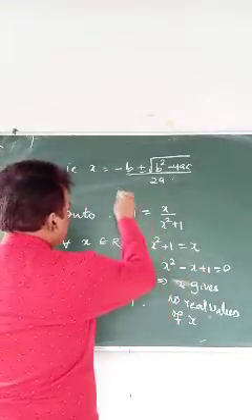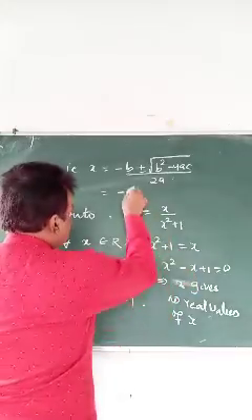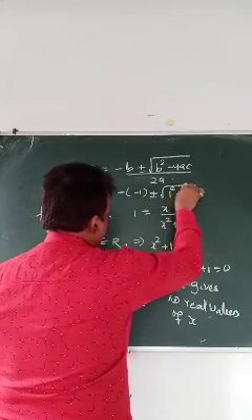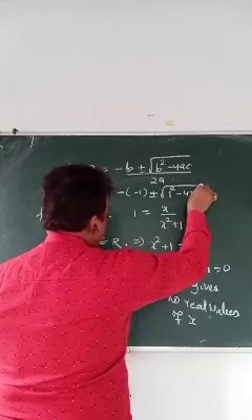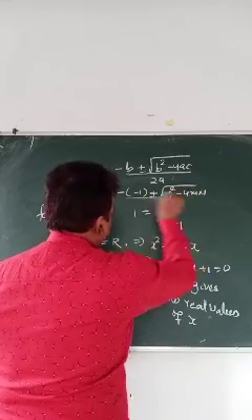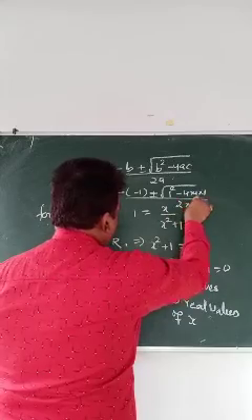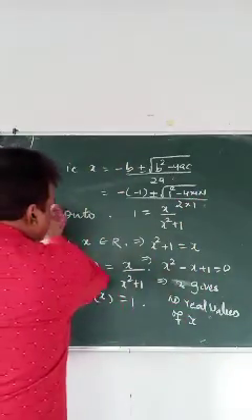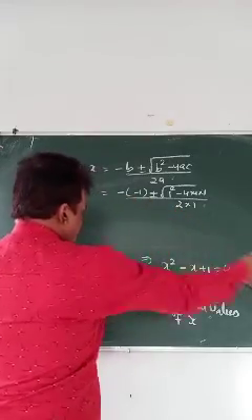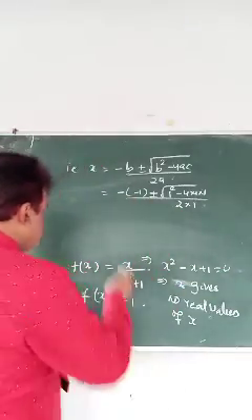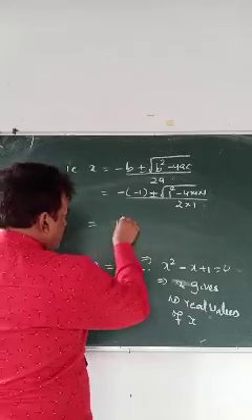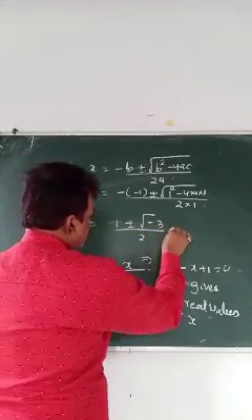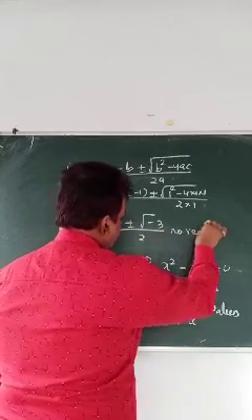If you put a equals 1, b equals minus 1, c equals 1, minus of minus 1 plus minus square root of minus 1 square minus 4 into 1 into 1, by 2 into 1. If you simplify, what do you get? You are getting 1 plus minus square root of negative 3 by 2. So there are no real values.